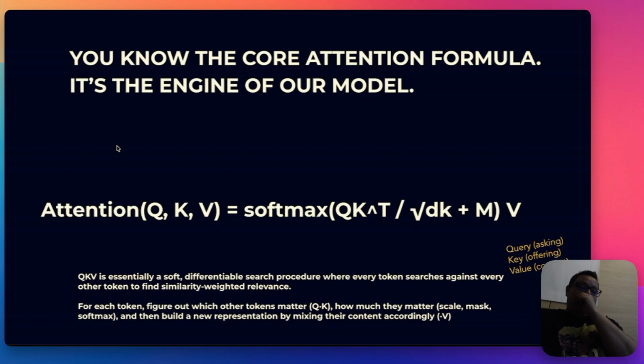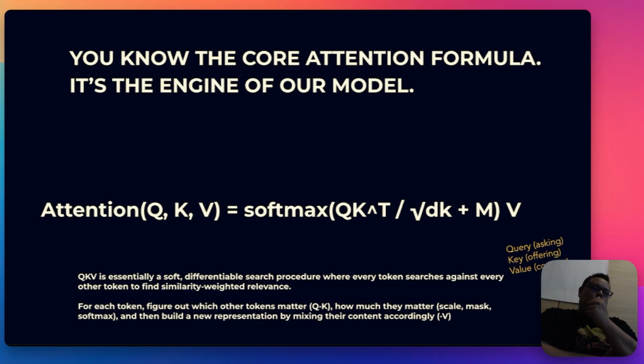So Stefan already showed you that attention of Q, K and V equals softmax of QK transposed over the square root of d_k, plus mask, times V. You can think of Q, K and V as essentially a search procedure, what Stefan showed you before.